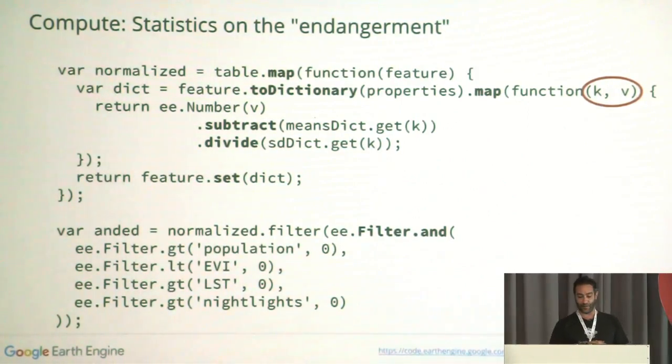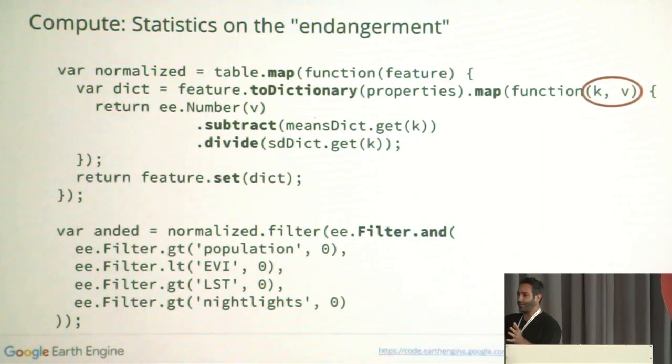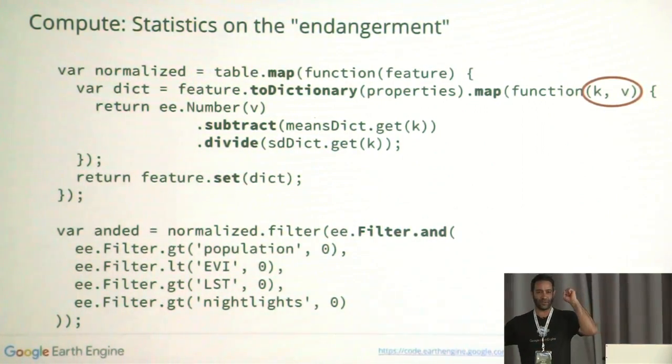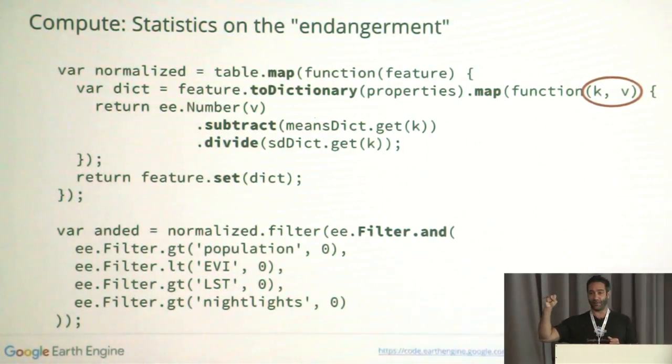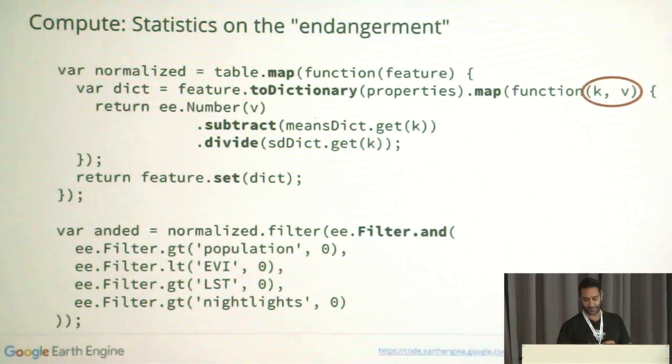And so that's what we're doing here. We're mapping a function over the table, which first gets the properties as a dictionary. So when I call toDictionary on that feature, it's going to output a dictionary in which the keys are the property names and the values are the numbers that are being stored in those properties.